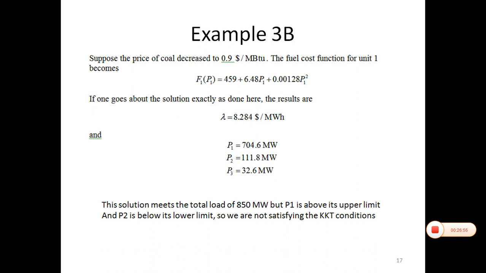If we add them, it will be 850 megawatt. But P1 is above its upper limit, because its upper limit was 600 megawatt, and we are getting 706.6 megawatt here. It means that this is not the correct solution.